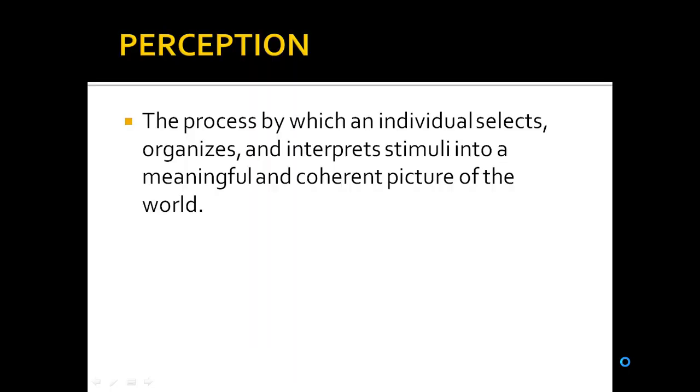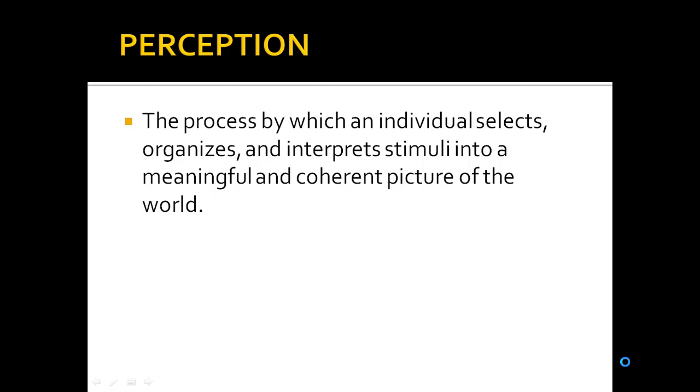Okay. Now let's move towards perception. What we need to understand is that two individuals may be exposed to the same stimuli, but how each person recognizes that event, how they select the information, how they organize that information, and how they interpret the event is a highly individual process.